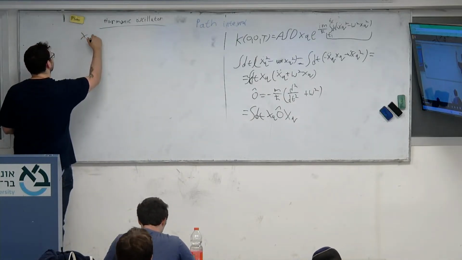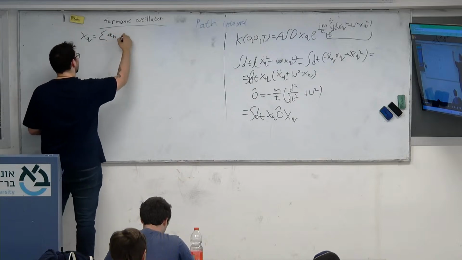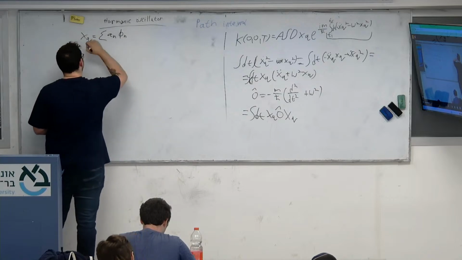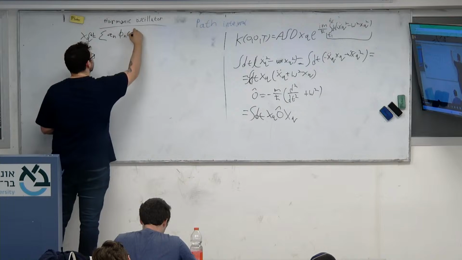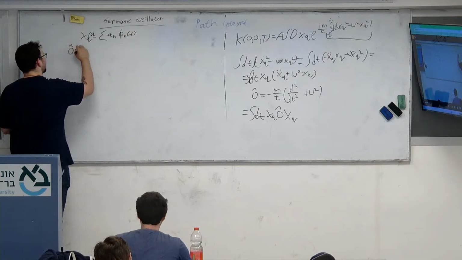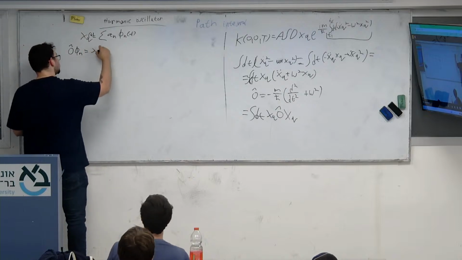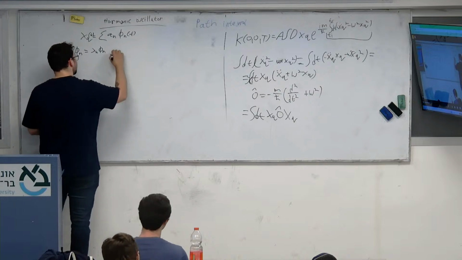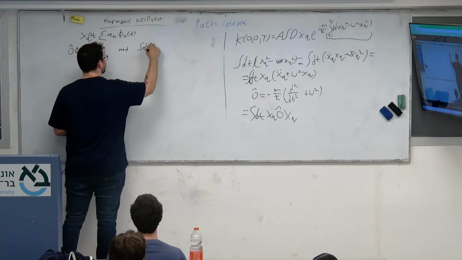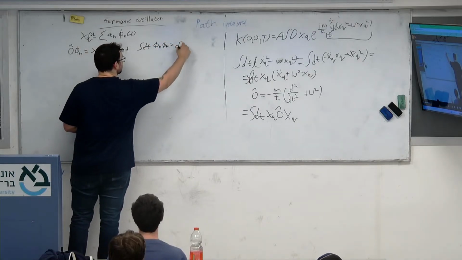So I want to write xq equal to sum over n of c_n phi_n of t. Right? Well, phi of n is defined by the integration dt of phi_n phi_m equals delta n m.